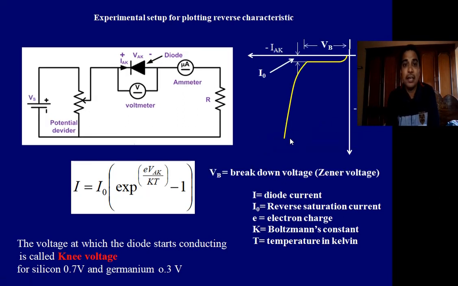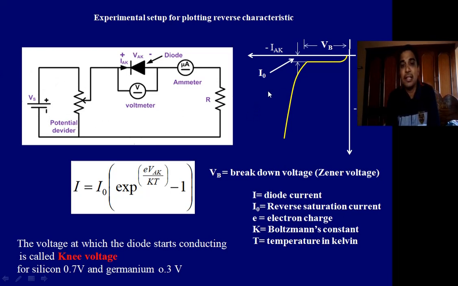Okay, reverse bias characteristics. So just reverse the diode. The N side is connected to the positive source, the P side is connected to the negative of the source. It is reverse biased. On this reverse bias side, you slowly increase the voltage by changing this rheostat.